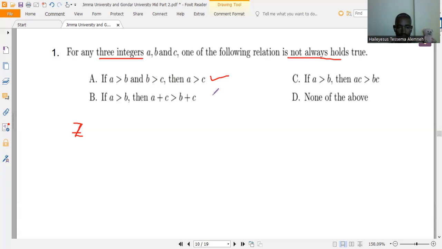Clearly this one is right. If a is greater than b, then a plus c is greater than b plus c, which is also right. If a is greater than b, then a times c is greater than b times c.